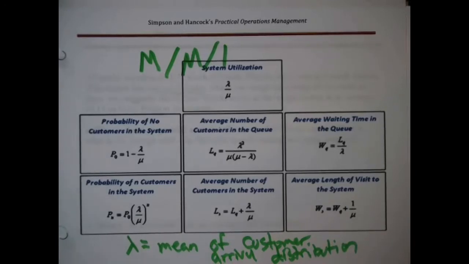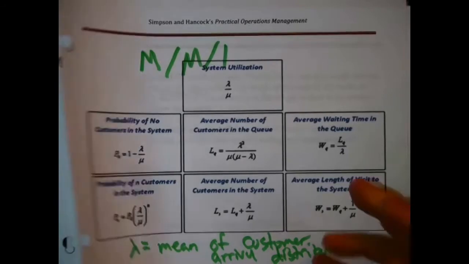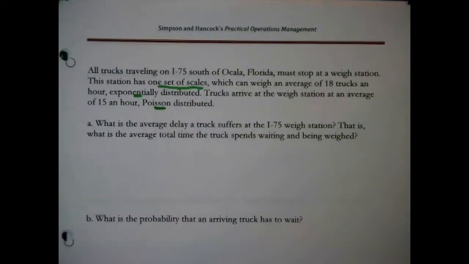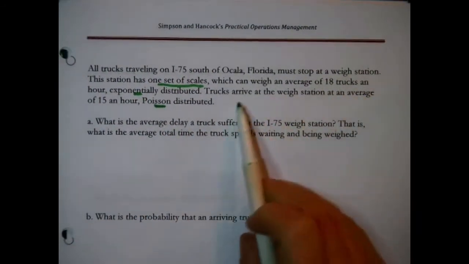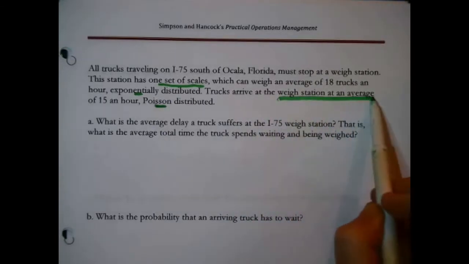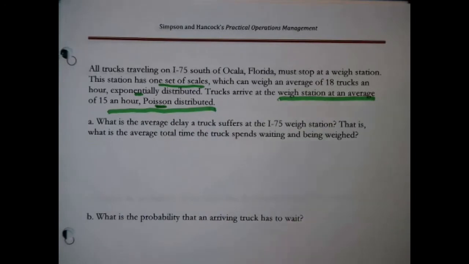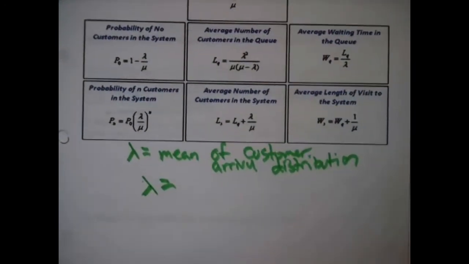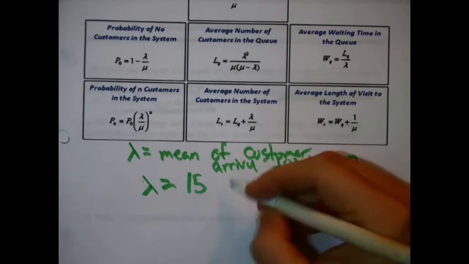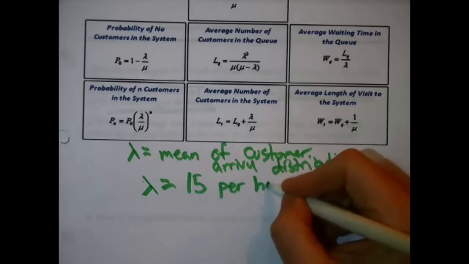This is important. Where was lambda? Trucks arrive at the weigh station an average of 15 per hour. That is perfect. Lambda equals 15 per hour.